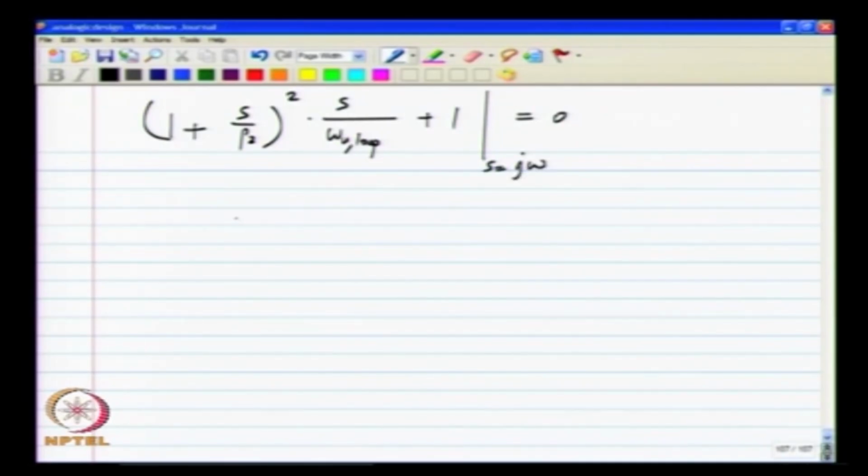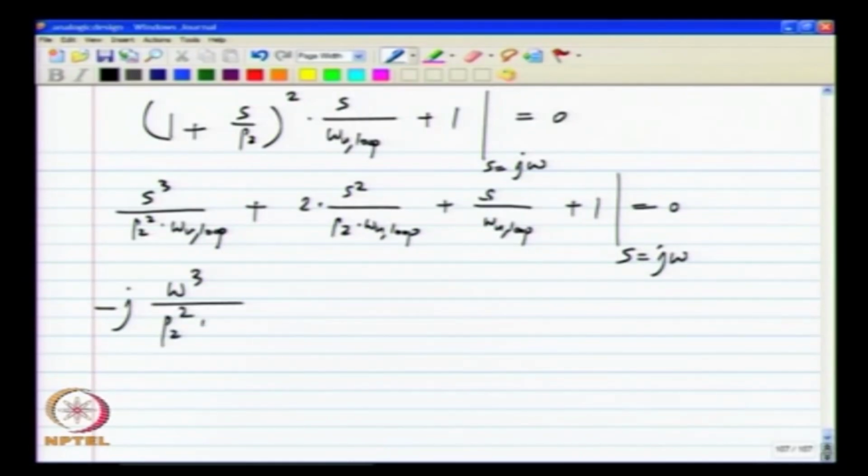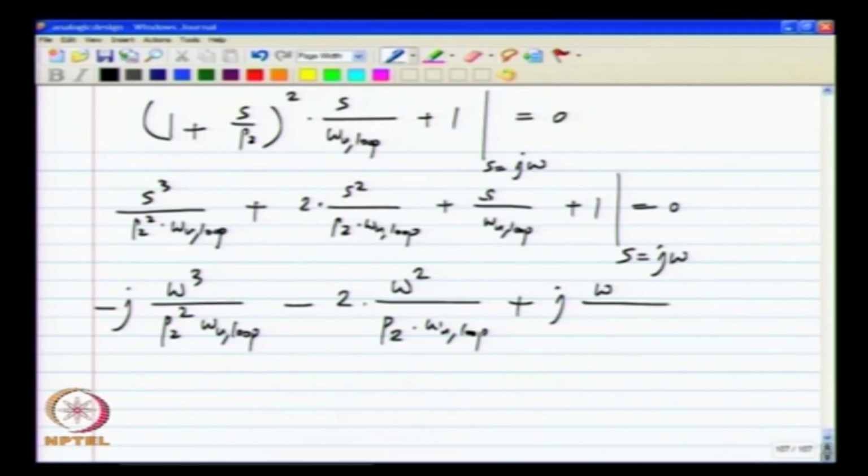This is 0 for some s equals j omega, and this is nothing but, again for s to be j omega, minus 2 omega square by p 2 omega u loop plus j omega by omega u loop plus 1 equals 0.